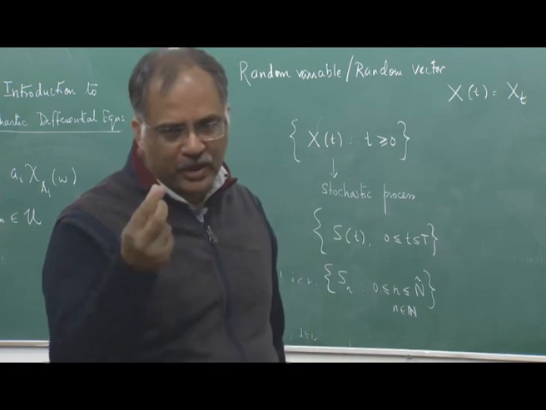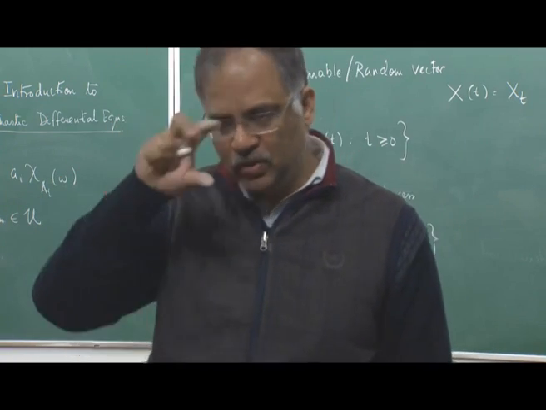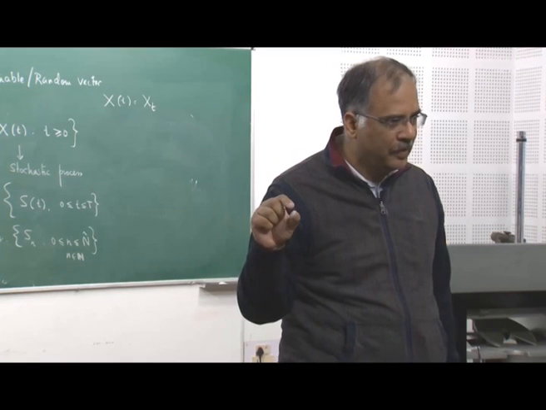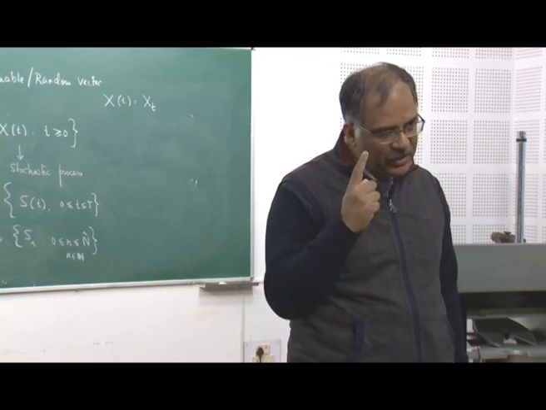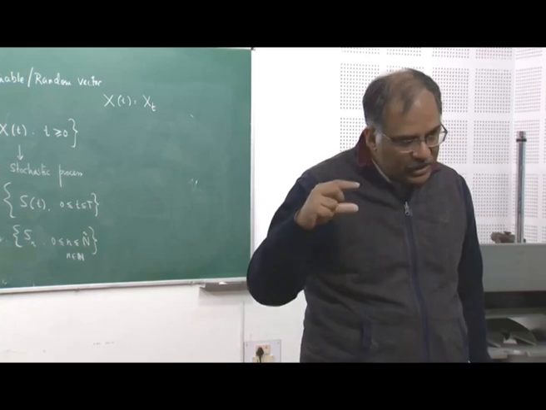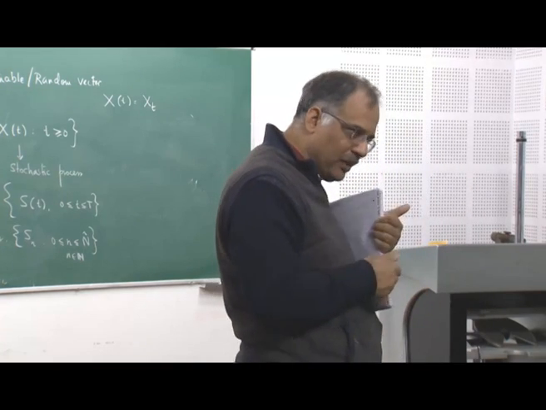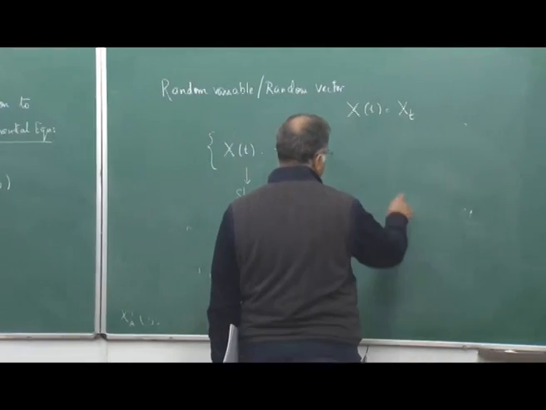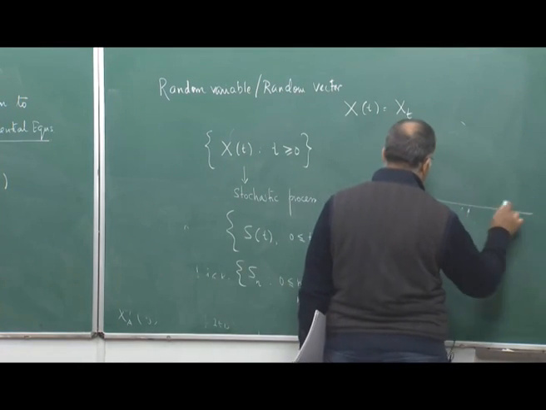So, if you take a fixed omega from the sample space and then calculate that S_t(omega) for every random variable, for every t there is a different random variable, you press the omega, then what you would get is a sample path of a stochastic process.